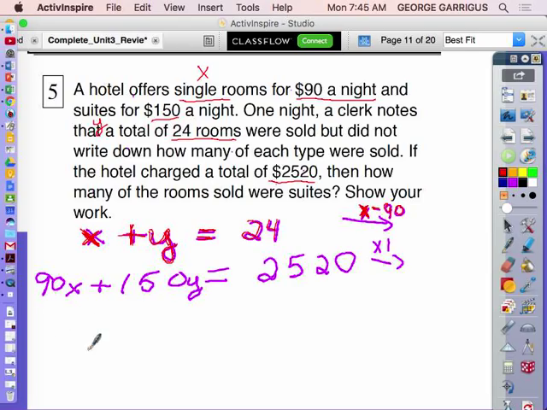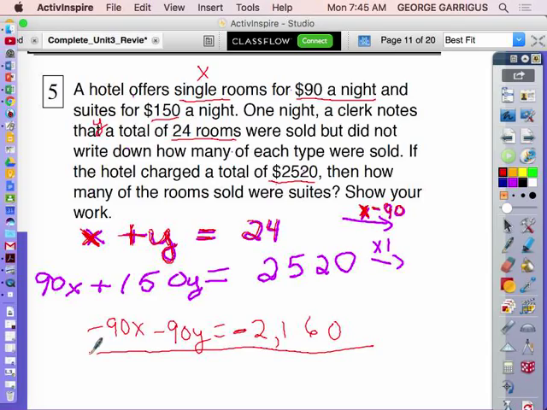I'm going to write it down here on the bottom. You get -90x minus 90y equals 90 times 24, which is $2,160. Now I've made a mistake here because I did not include the negative sign, so I've remedied that.